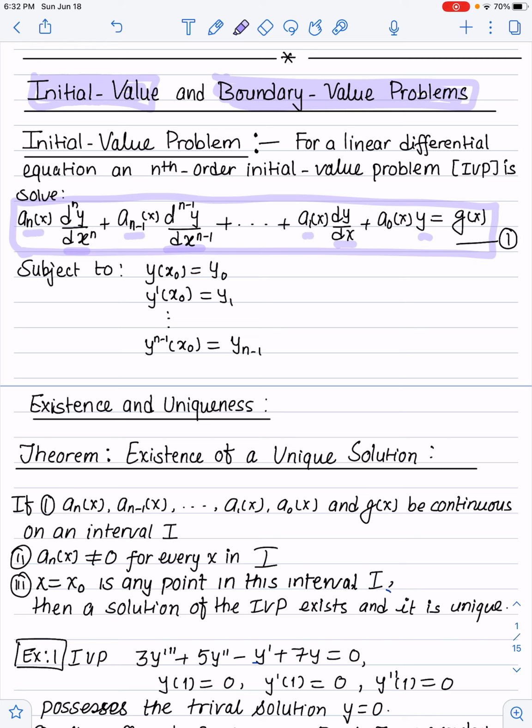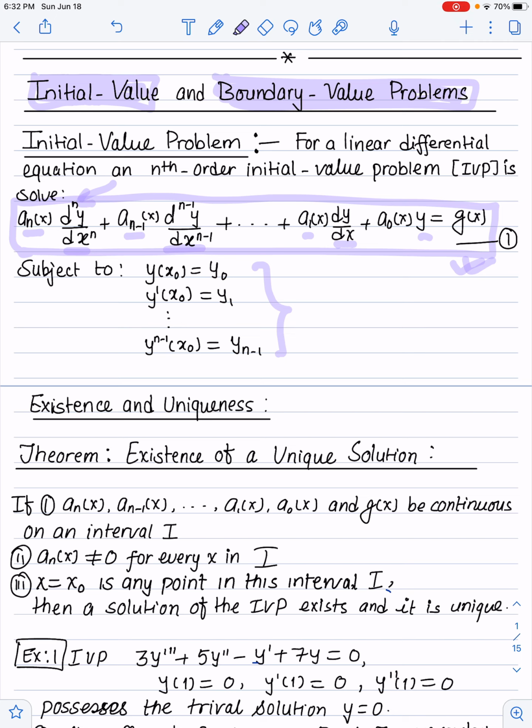It is an nth order equation because the highest order is n, and it is an initial value problem because we have n initial conditions.